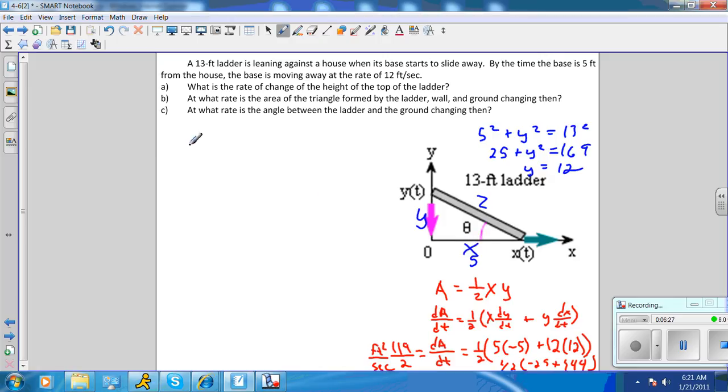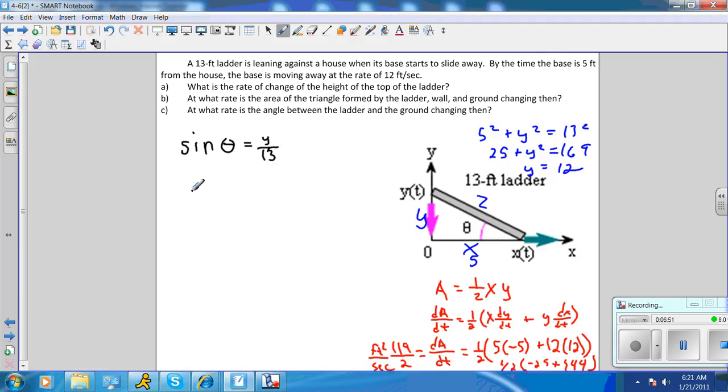So I'm going to express this in trig, and you could choose anything, really. I'm going to choose sine of the angle, its opposite, which is y, over the hypotenuse, which is z. Or I'm going to just put 13 here since it's a constant number. It's not going to change.